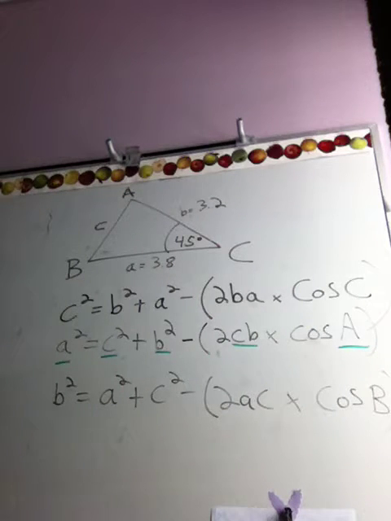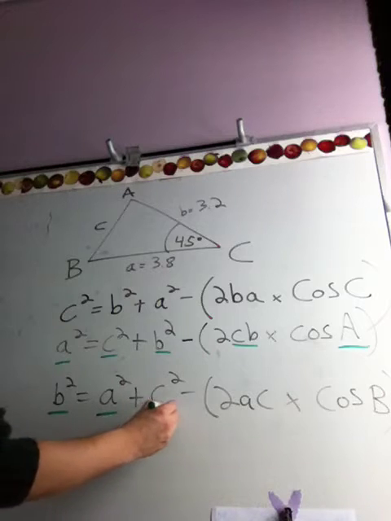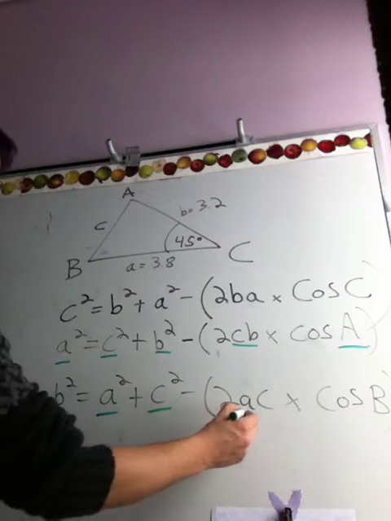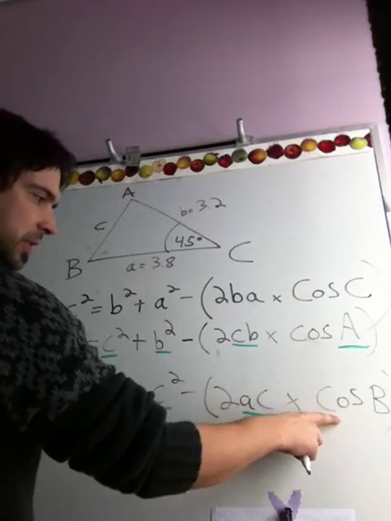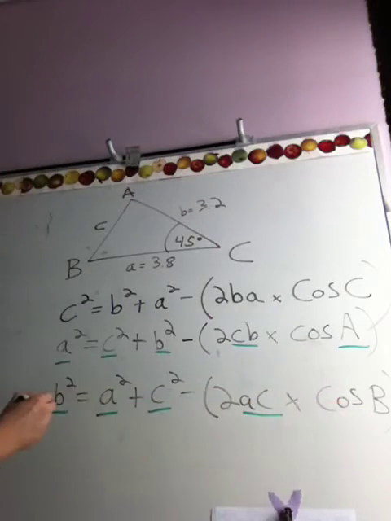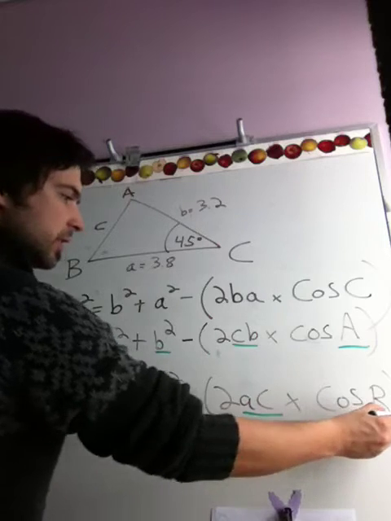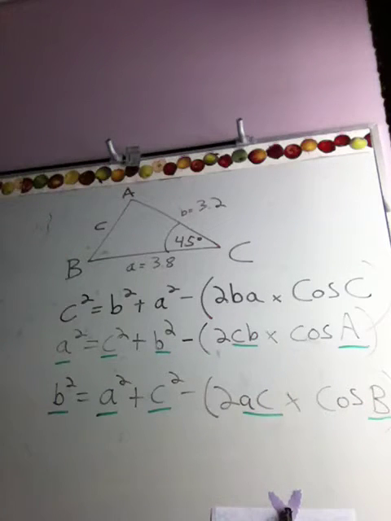Again, the only thing that changed was this. Now the variable at the beginning is the one we're looking for. The other two variables go here squared, and those two variables show up again right here. And the angle whose cosine we're looking for is the angle that's opposite to the side whose measurement we're trying to find.